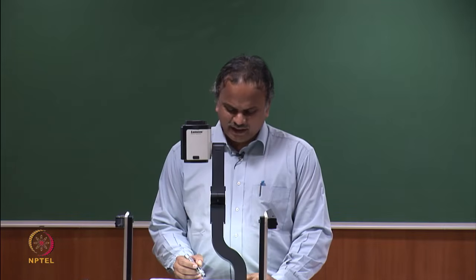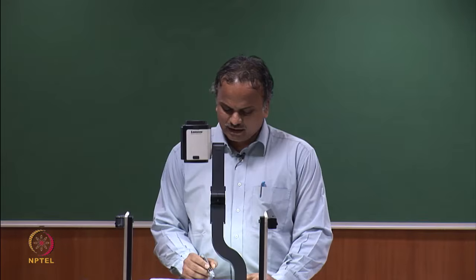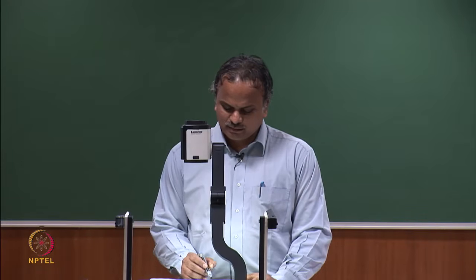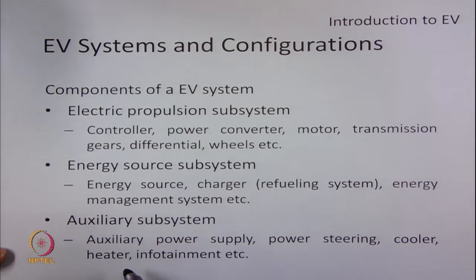In any EV or any vehicle, we use an auxiliary power supply. This power supply is required to support power steering, cooling arrangement, heating arrangement, infotainment, etc. Now most of these systems are moving towards fully electric type, meaning the steering has gone to power steering.